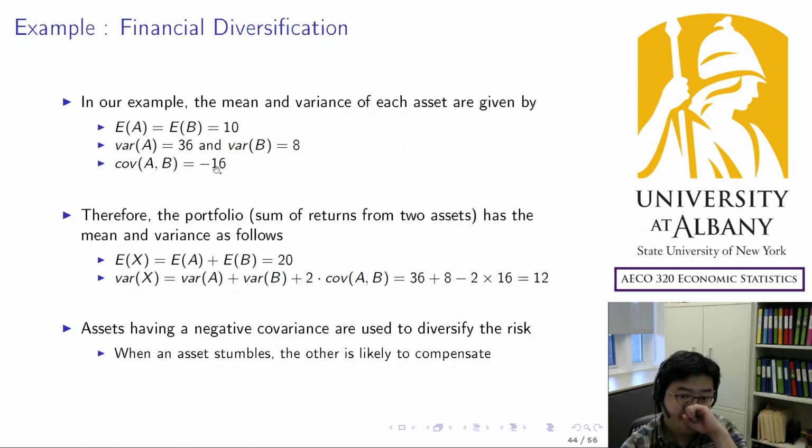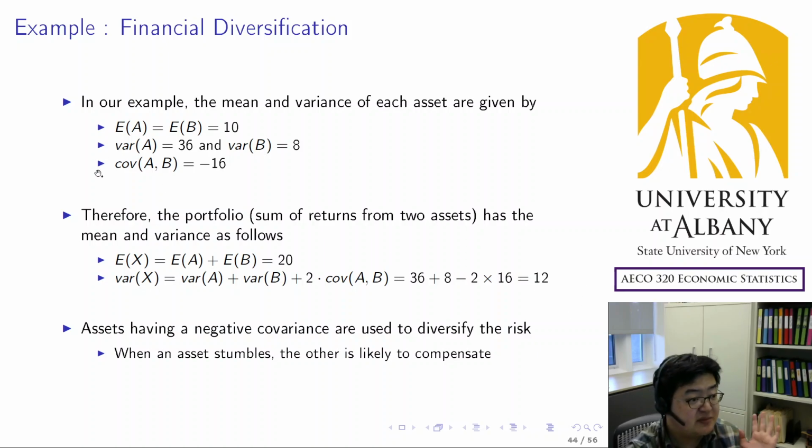That means variance of X is calculated as 36 plus 8 plus 2 times minus 16. So from this term you are adding 8 but subtracting 32. 32 is subtracted by the covariance, which dominates the variance of B, so it reduces the variance.